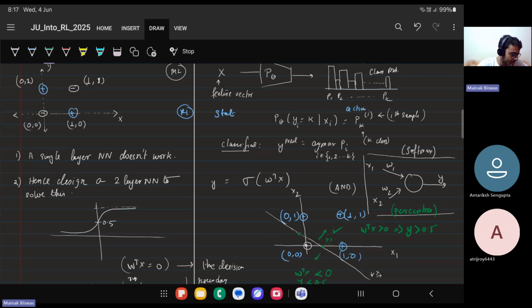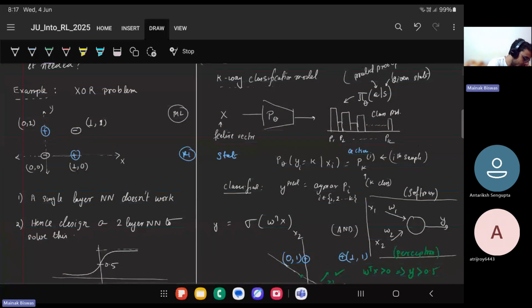Do you see here that a linear decision boundary like this will not work? Do you see in an XOR problem clearly from the geometry? Instead, we need something like this. Do you agree? To classify.